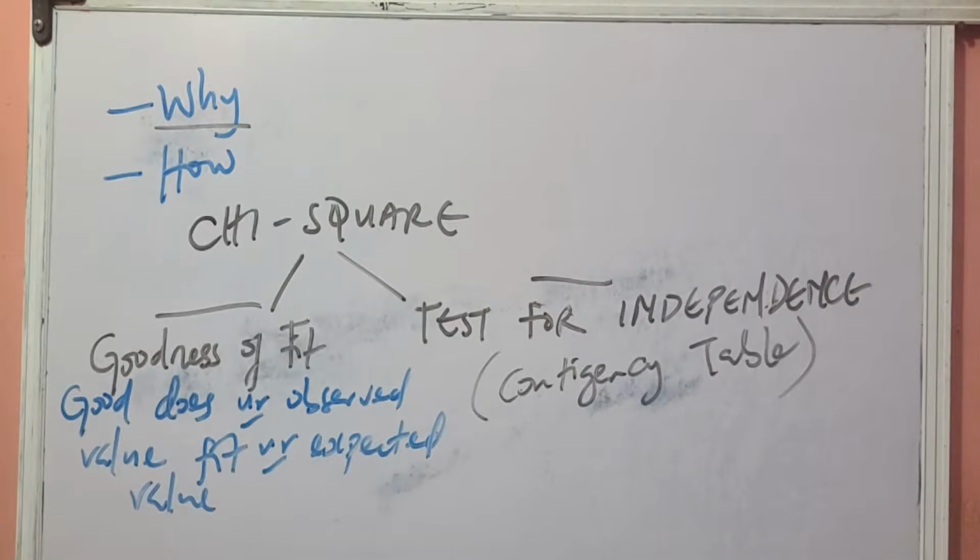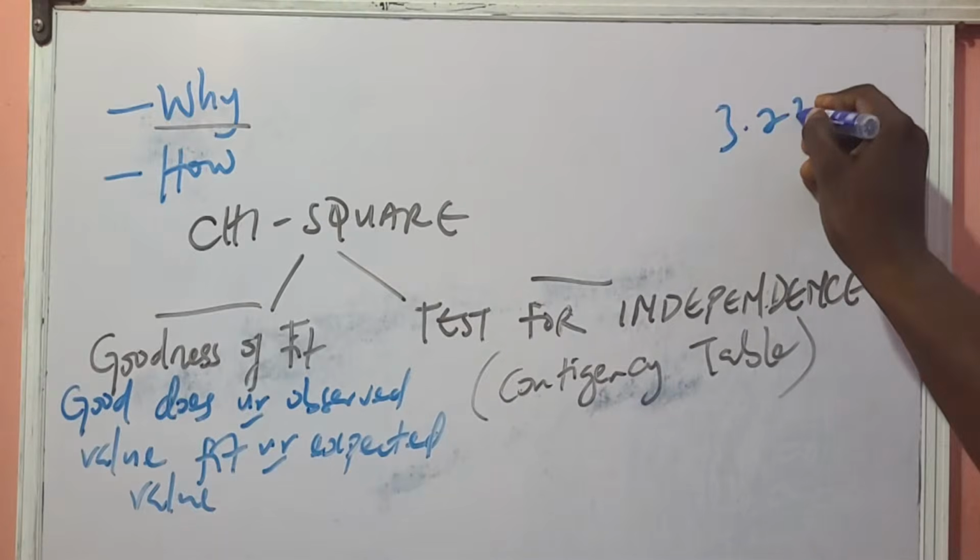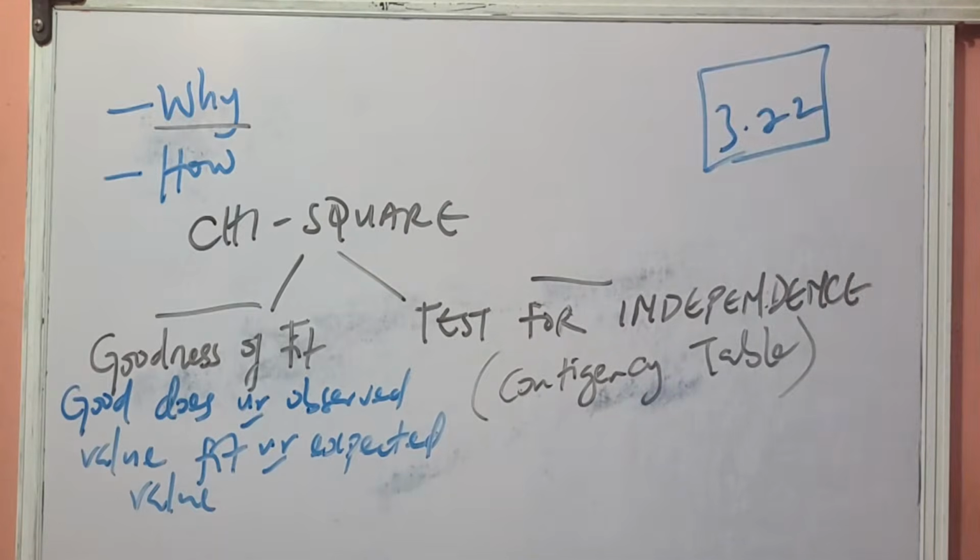Now, after you get the mean, as in the last testing we did, the Z test and the T test, after you got the mean, the variance, the standard deviation, you then bring out a summary of all the values you've gotten. That summary is what we call the test statistic. It's from your sample data. So your test statistic value, for instance, could be 3.22. This summarizes all you got from the sample data.